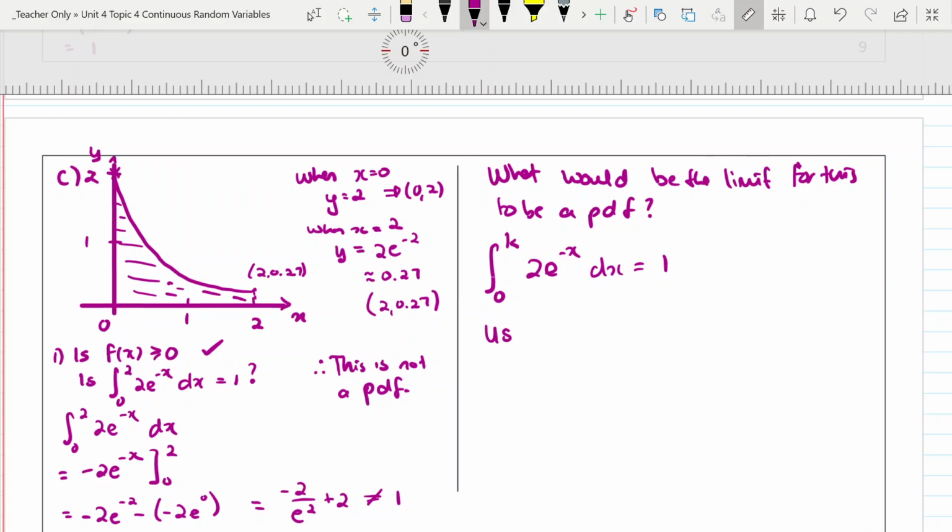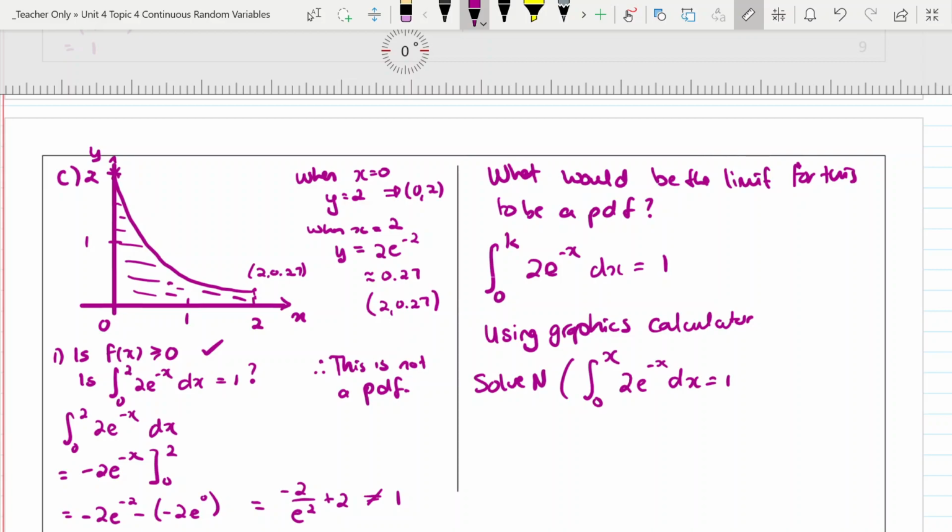We can use our calculator, we can just use our solve function there. Solve the integral from 0 to x of 2e to the negative x dx equals 1, and it will spit out a value of k approximately 0.69315.